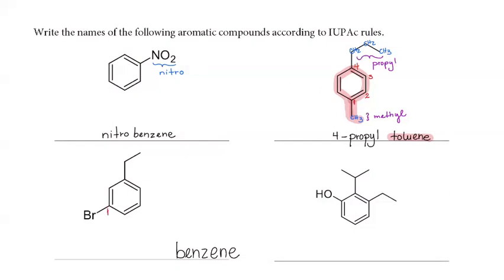So this is going to be carbon 1. And in this case, I have to go clockwise. 2, 3, 4, 5, 6. So then the name of this molecule is going to be 1-bromo, 2-ethyl, benzene.